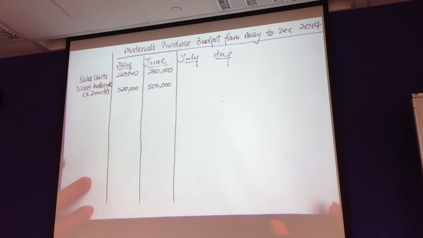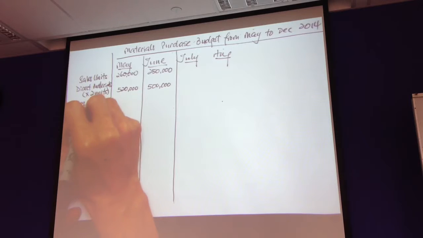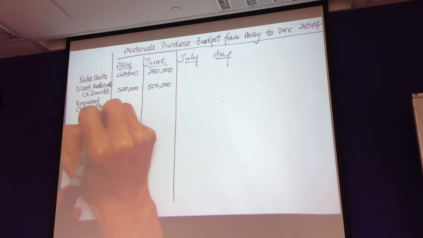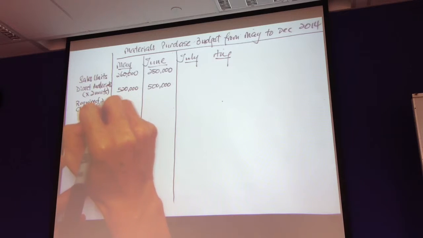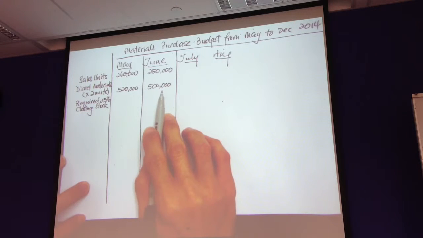Now, but what else are we told? We're told that we need to have a certain required amount of closing stocks. How much? The closing stock. You require 25% of the next month's requirements.